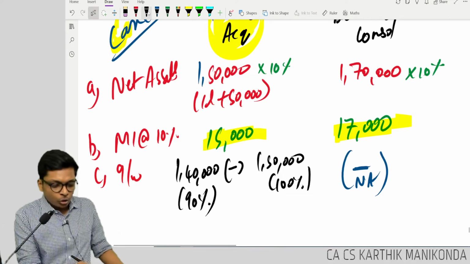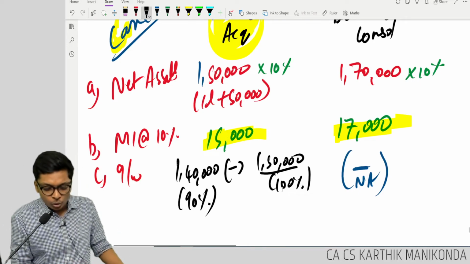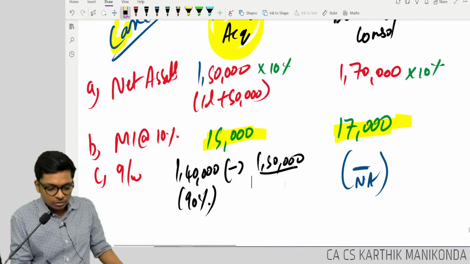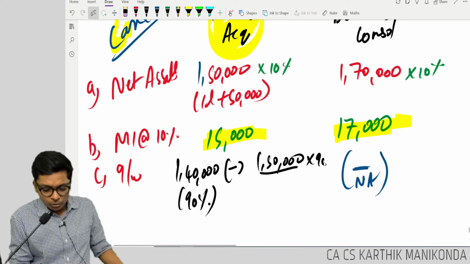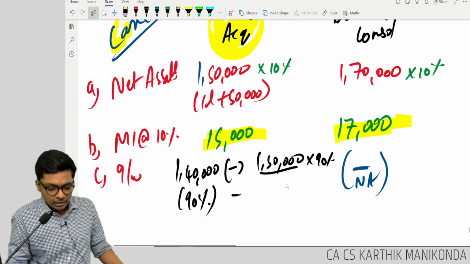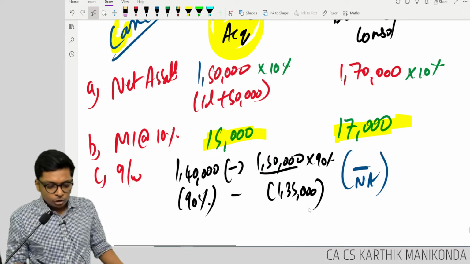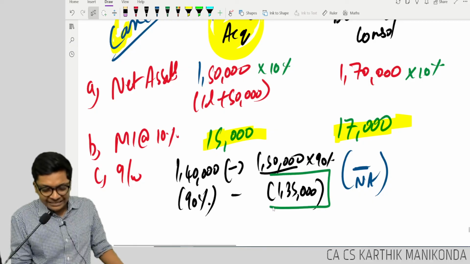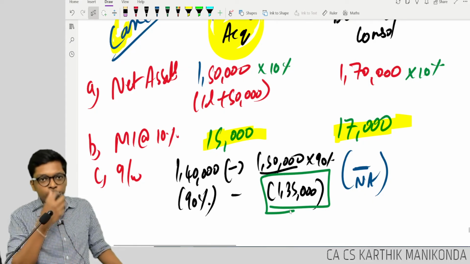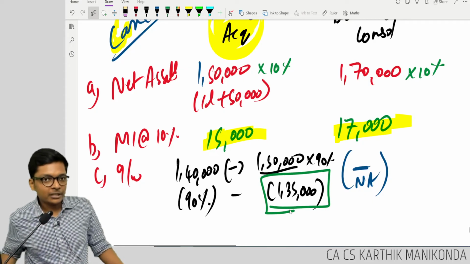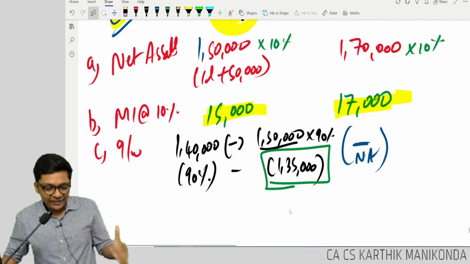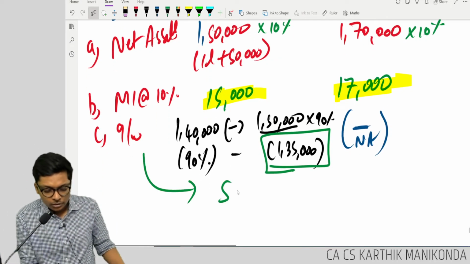Minority. So I should take 1,50,000 into how much, guys? Into 90%. How much? 1,35,000. So something worth 1,35,000. How much you paid? 140. So you paid extra 5. What is extra 5? Goodwill.